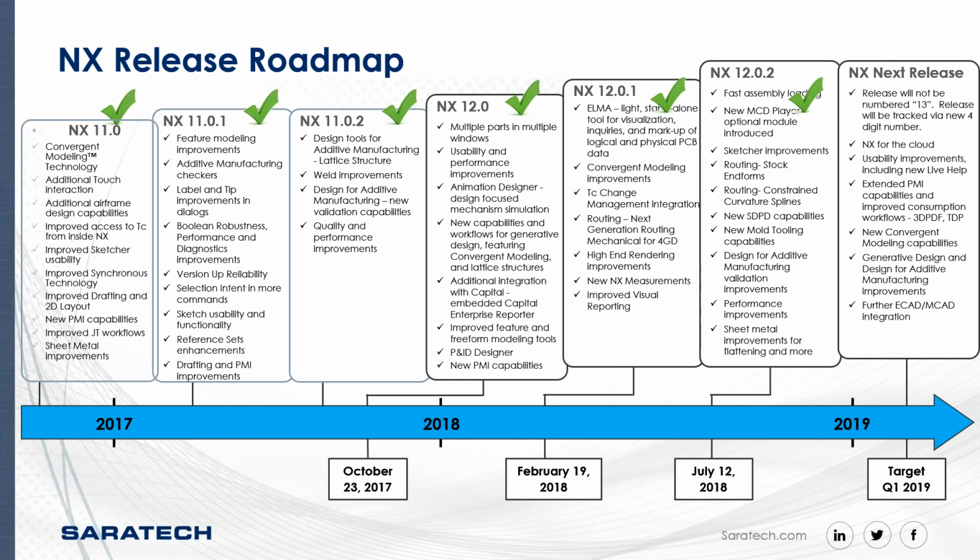On January 20th, a lot of people that were on maintenance were getting their new license key for the next release, and people are calling us saying, hey, I see this next release, it's 1847. We're getting a lot of calls into the support line. So I just want to throw that out there to show you that there is a next release of NX that is available today. They can download and try it out. You do go to the Siemens website, and it is listed as 1847 today.